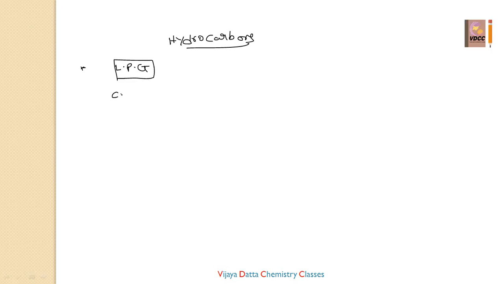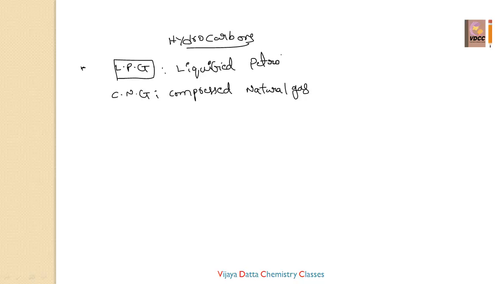Like that, one more hydrocarbon is CNG, which is called compressed natural gas. It is liquefied petroleum gas, compressed natural gas, and we also have LNG, which is called liquefied natural gas.